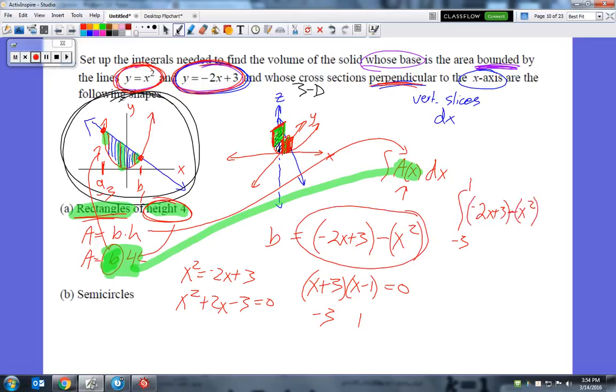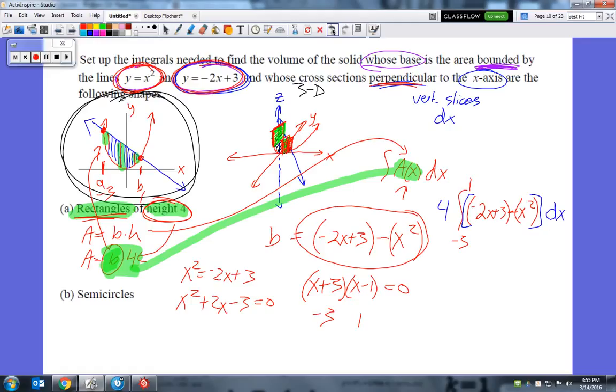Again, this is my b term. All of this is b. And I'm going to multiply this all by 4, because they all have the same height of 4. Now I'm not going to put that 4 there. I'm going to choose to just put it way out here, and the reason I can do that is the constant multiple rule. I can bring that 4 out and then just put dx there.